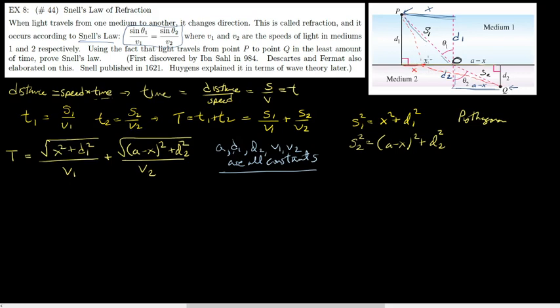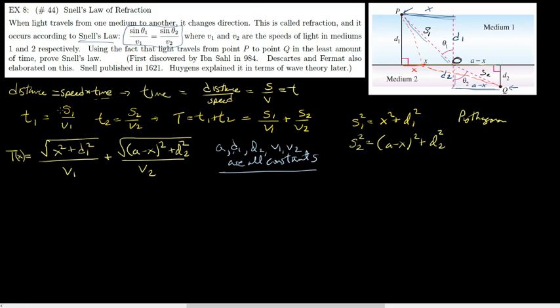In fact, we really don't know where the light crosses the mediums here. That's what we're trying to figure out, actually. What is x here? So we're thinking about this t as a function of just x. All these other quantities are just constants.